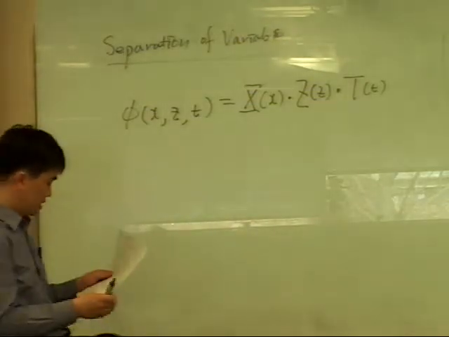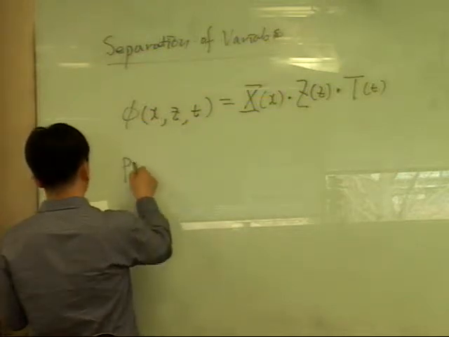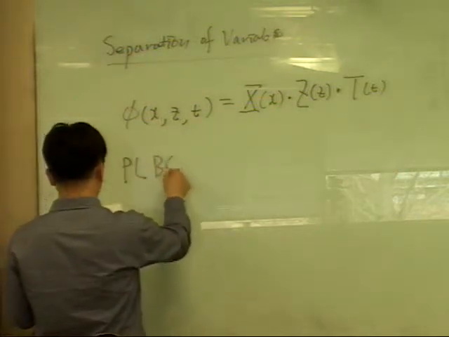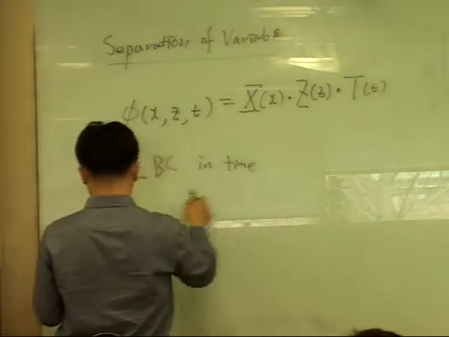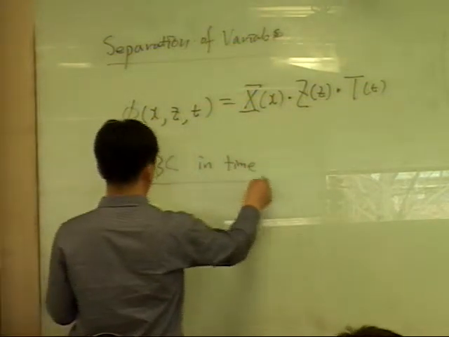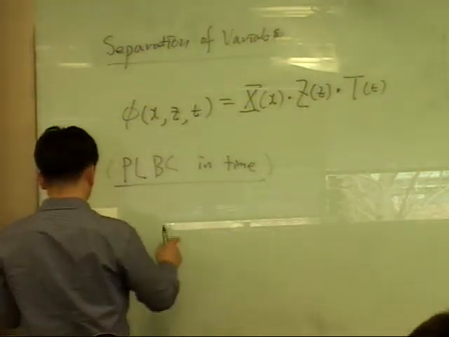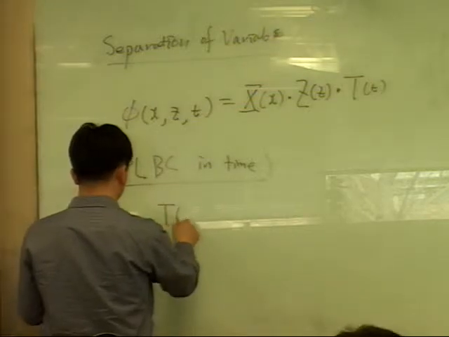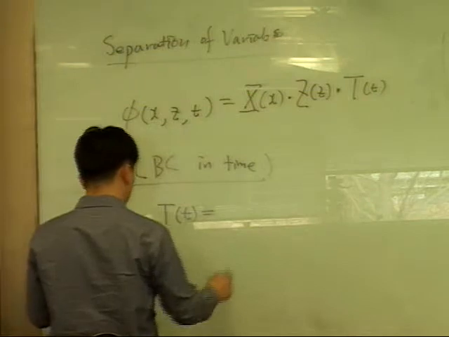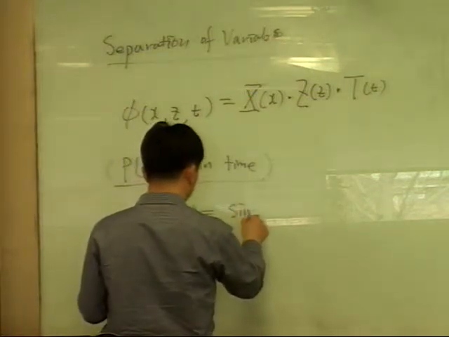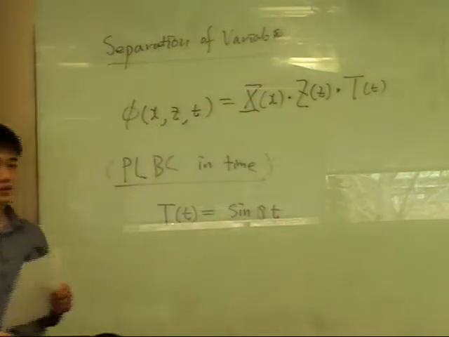Okay? So here I'm going to use the periodic lateral boundary condition in time. Then we can assume that the time function T can be a sine function, sine sigma t, right?